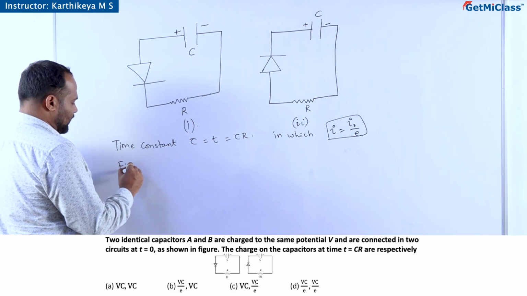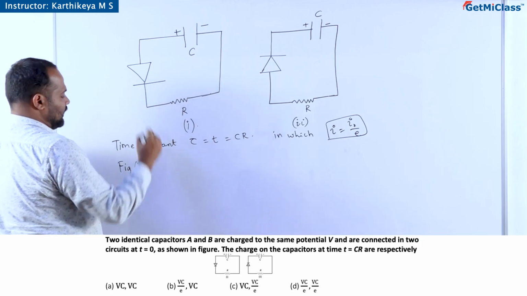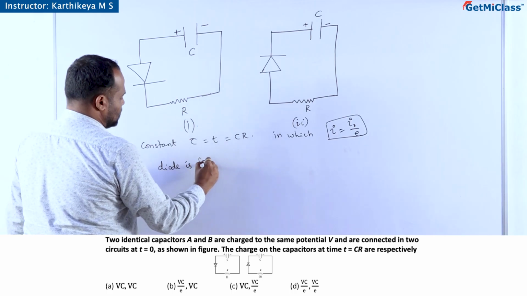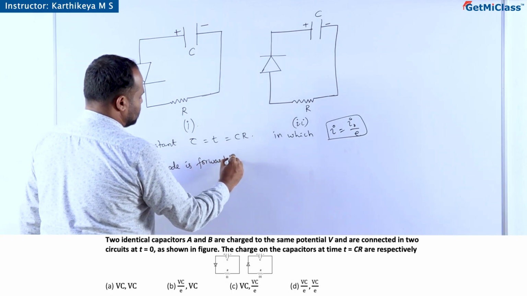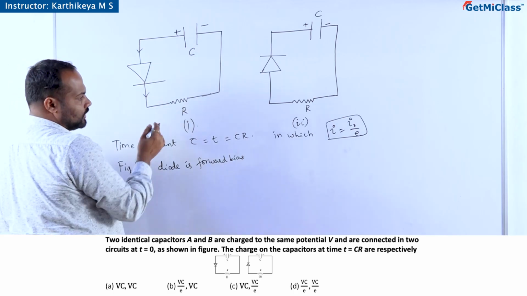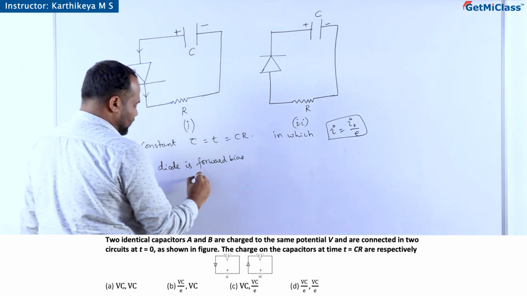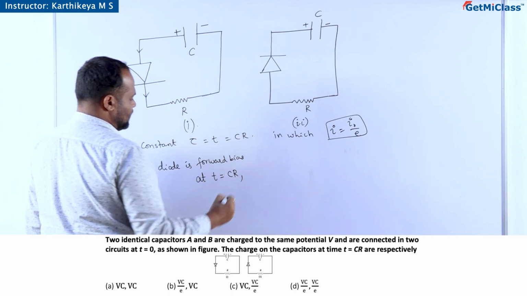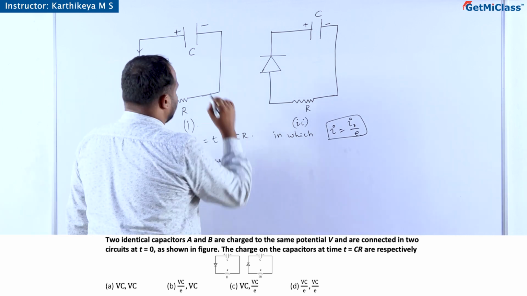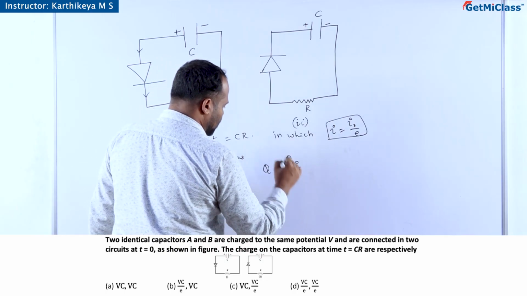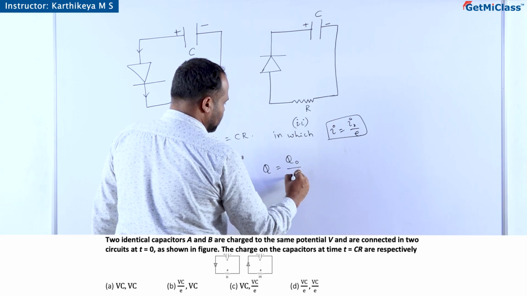In figure 1, if we analyze, the diode is forward biased. Diode is forward biased, so there is current flow through the diode. So at t equal to RC, the charge on the capacitor Q becomes Q naught by e.